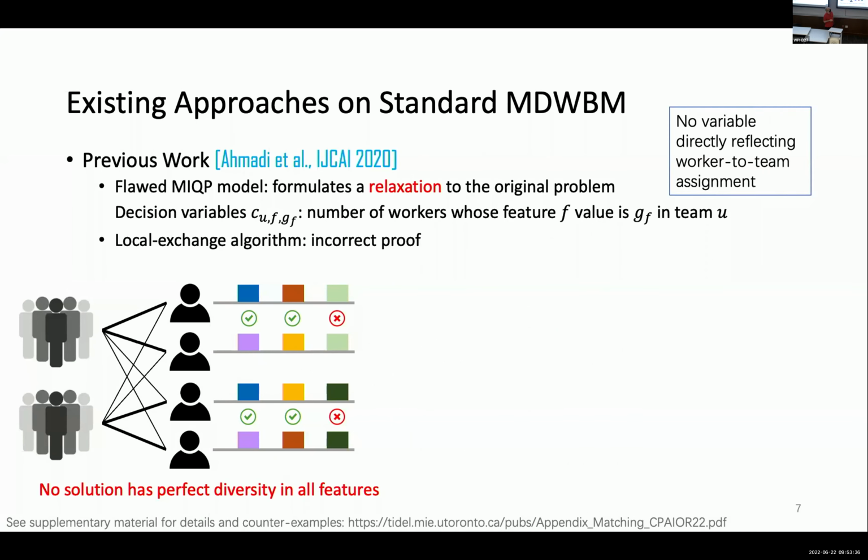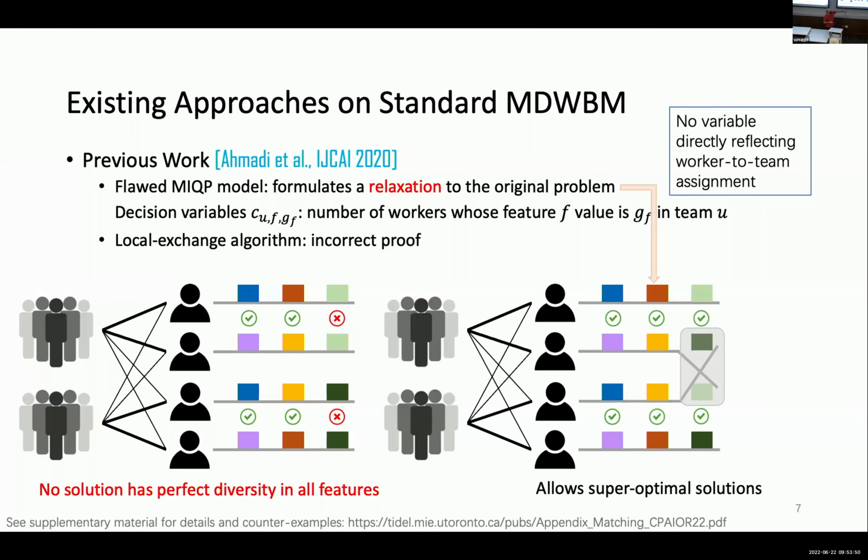The decision variable is the number of workers whose feature F value is g_F on a given team. There's no actual variable that does the team-to-worker assignment. As a consequence, even though you have a matching, because there's no representation of that matching, you can get a super-optimal solution.